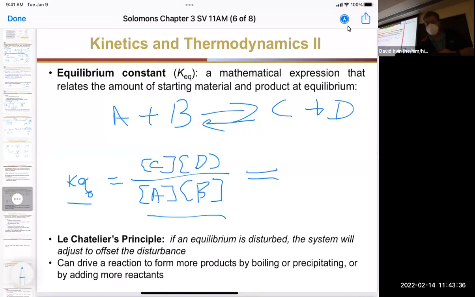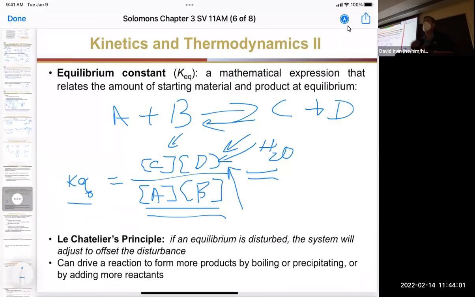So what if these were our starting materials, and these are our products, and let's say it went halfway. But one of our products here, D, is water. So we could remove water from the reaction to drive it further to products.